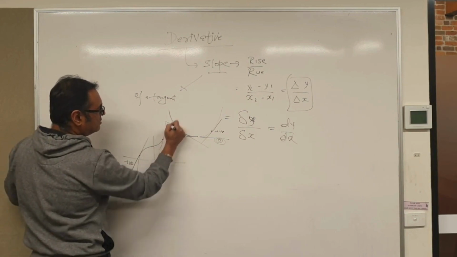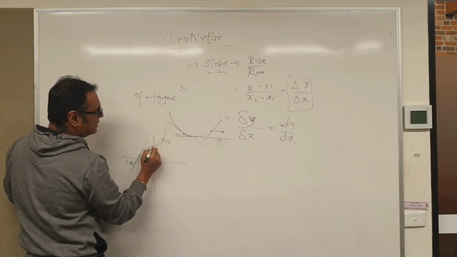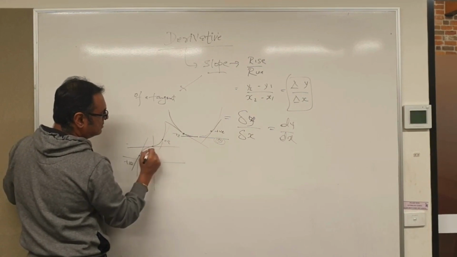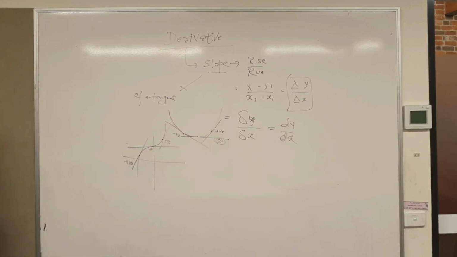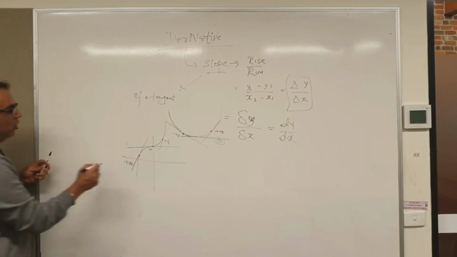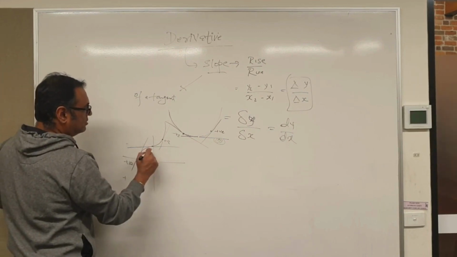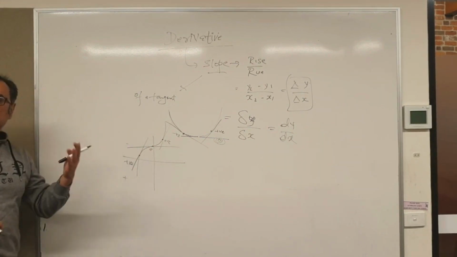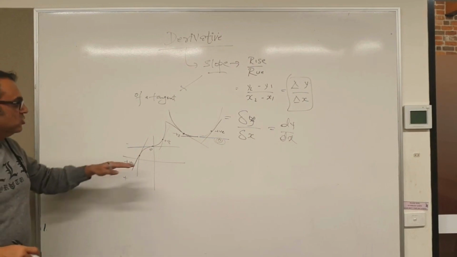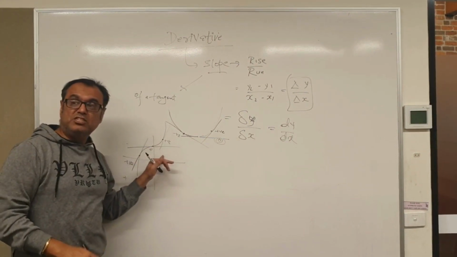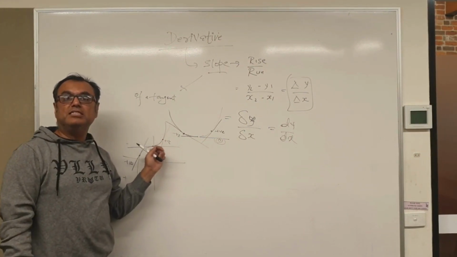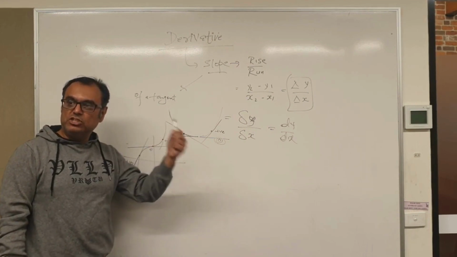Tangent at this point, positive. Tangent at this point, 0. So positive, 0, positive. Sign did not change. So this is also a stationary point. I call this point a point of inflection.